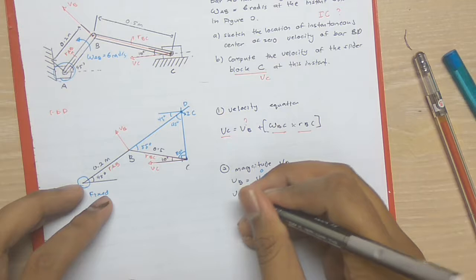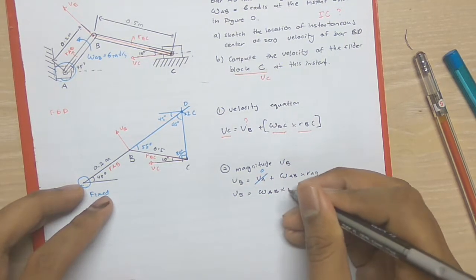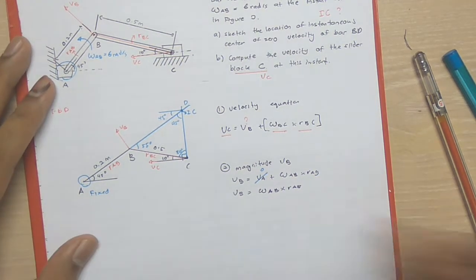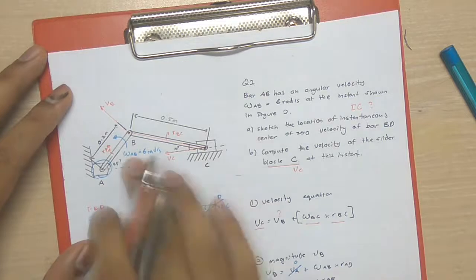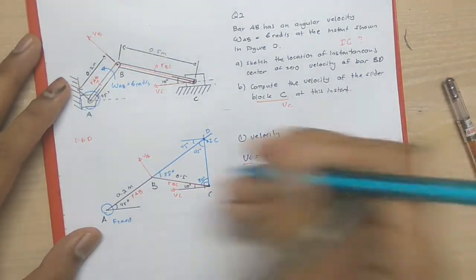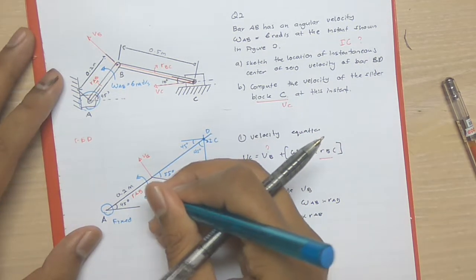So we write again the equation VB equals omega AB times RAB. From the figure, we know that omega AB is 6.